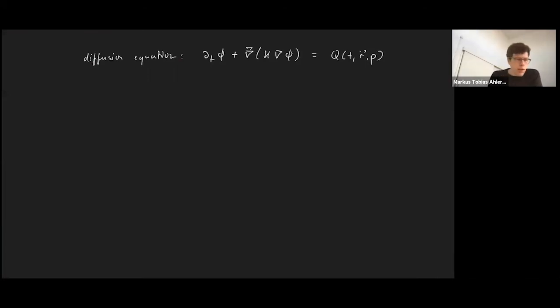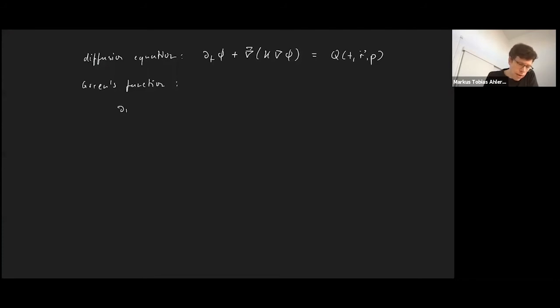This equation can be solved for arbitrary configurations of source distributions, and so it's useful to give you the Green's function of this expression. The Green's function is going to be the solution in the following form.